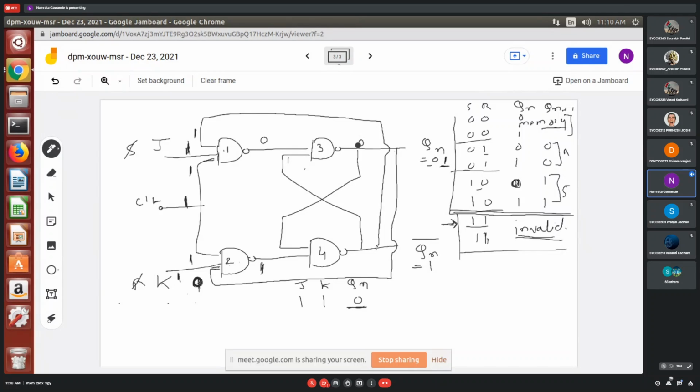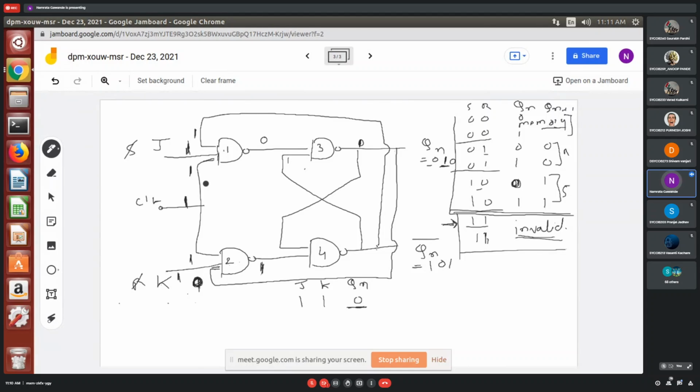Now for this state, this 1 is passing over here. In this case, we'll get the output as 0. And if we again pass this output, I will get the next time as 0. And if I again go through this circuit, I will again get for the next case 1. You have to go through this feedback mechanism carefully.